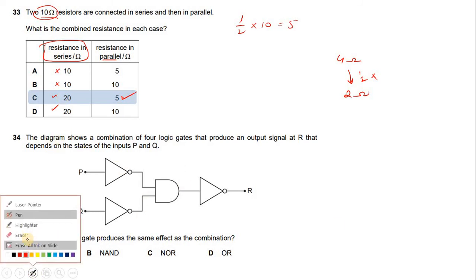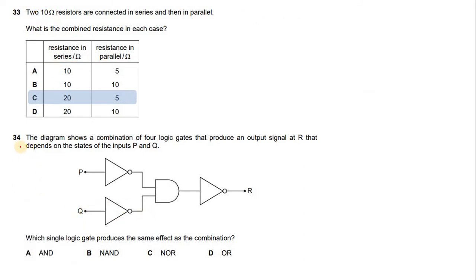Okay. Question number 34. The diagram shows a combination of 4 logic gates that produce an output signal at R that depends on the states of the input P and Q. So we have some combination of logic gates. This is NOT gate. This is AND, that you need to remember.